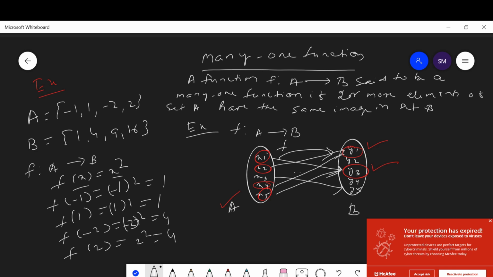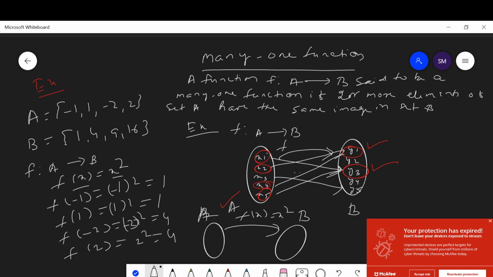This is many one because 1 and -1 have the same image in set B. And similarly 2 and -2 also have the same image in set B. Look at the diagrammatic representation. Suppose this is set A and this is set B. f is a function from A to B, f(x) is equal to x square.